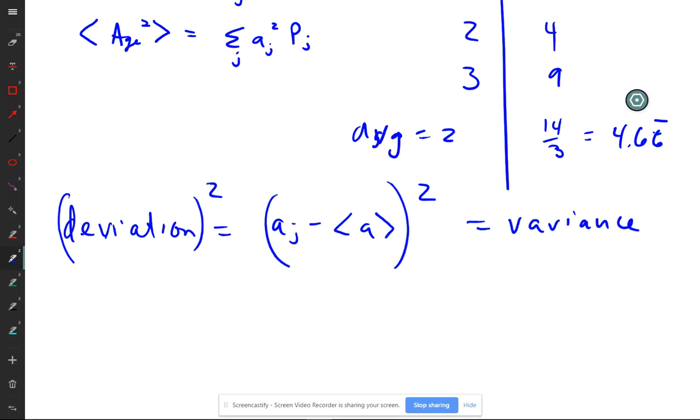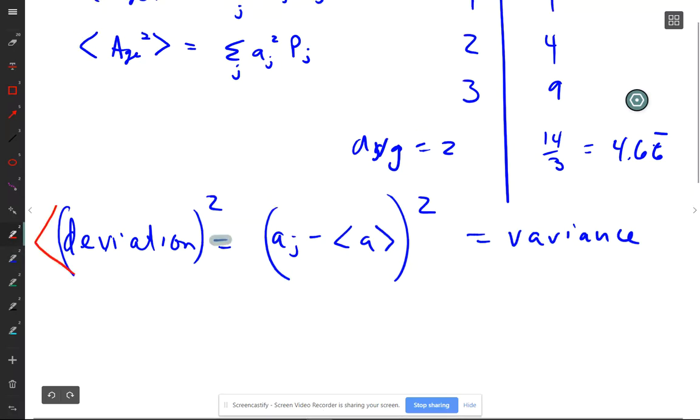So how do I indicate the average of it? Well, nomenclature: I indicate it by putting those brackets around it, because that's our way of showing that we've done the average.